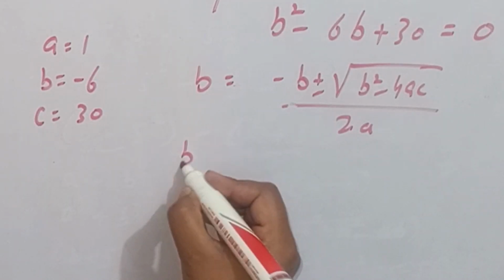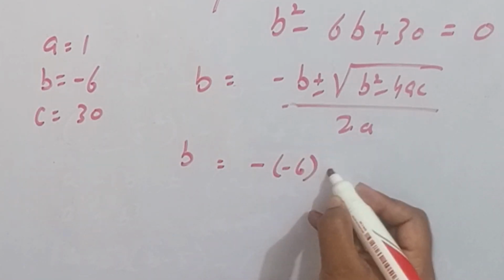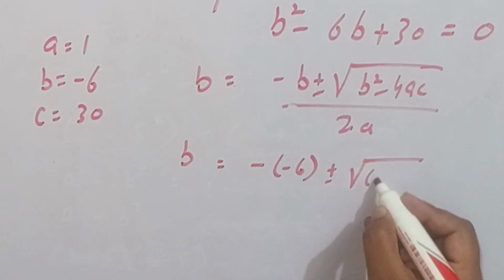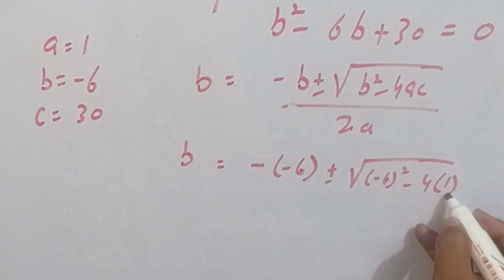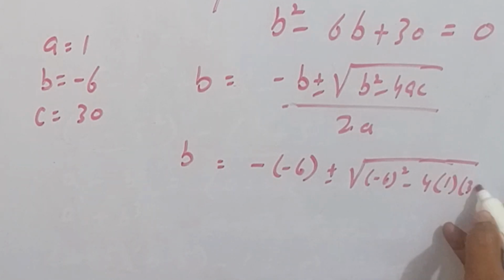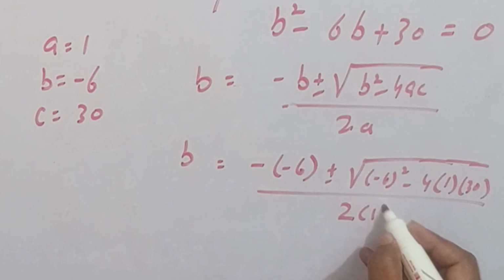This is b is equal to negative, b is negative 6, plus minus b square is negative 6 square minus 4, a is 1 and c is 30, over 2 and a is 1.